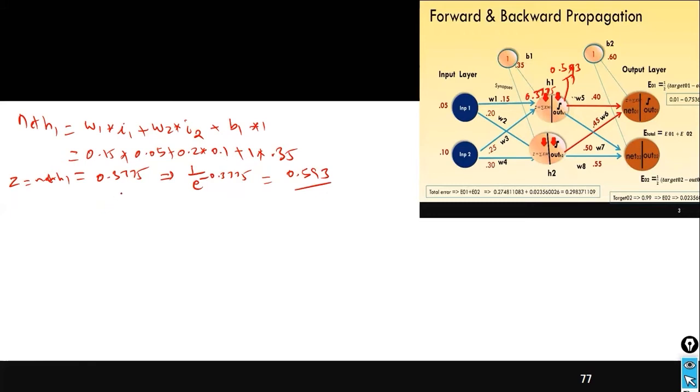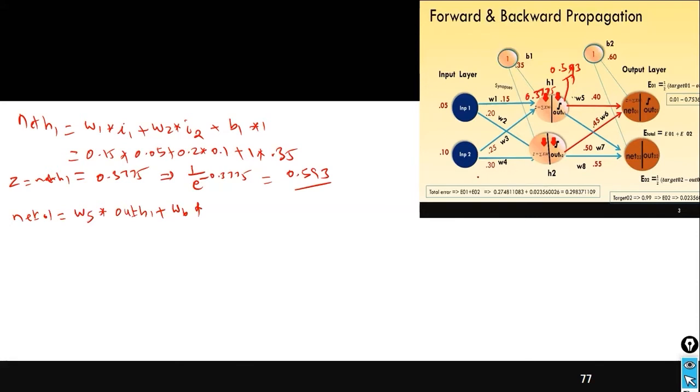Okay, we do the same thing for net O1 and out O1. So what is the net O1 here? Net O1. We will just take only this one, W5, this value into this one, out H1, plus W6 into out H2.